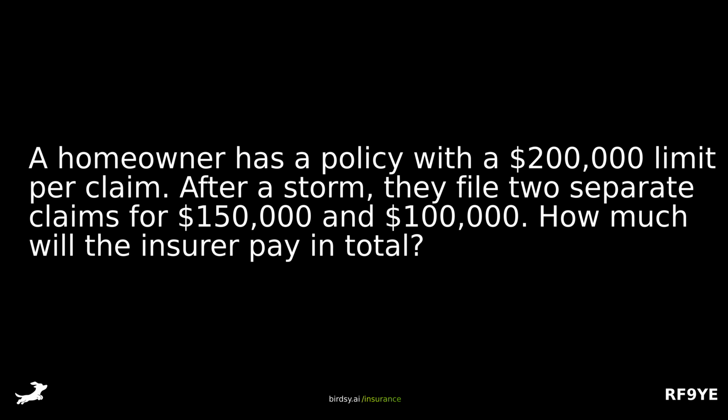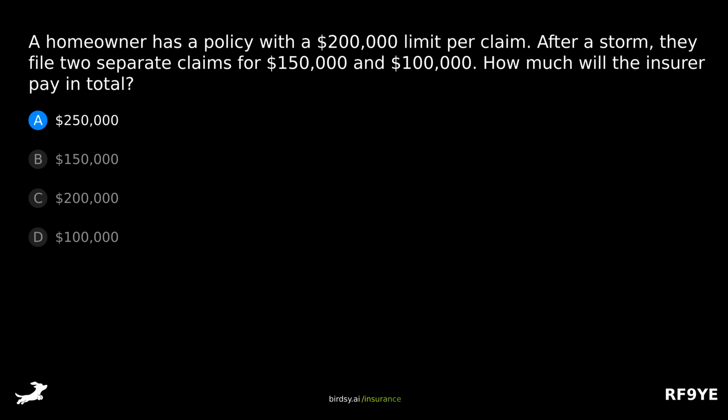Limit applications across multiple claims. A homeowner has a policy with a $200,000 limit per claim. After a storm, they file two separate claims for $150,000 and $100,000. How much will the insurer pay in total? Is it A, $250,000, B, $150,000, C, $200,000, or D, $100,000?